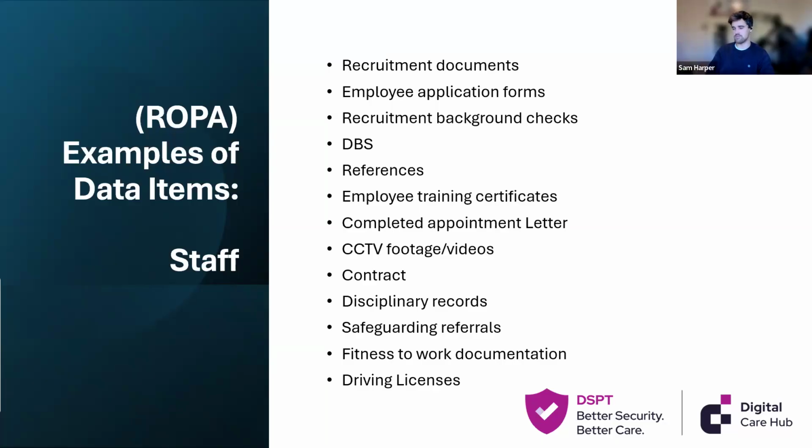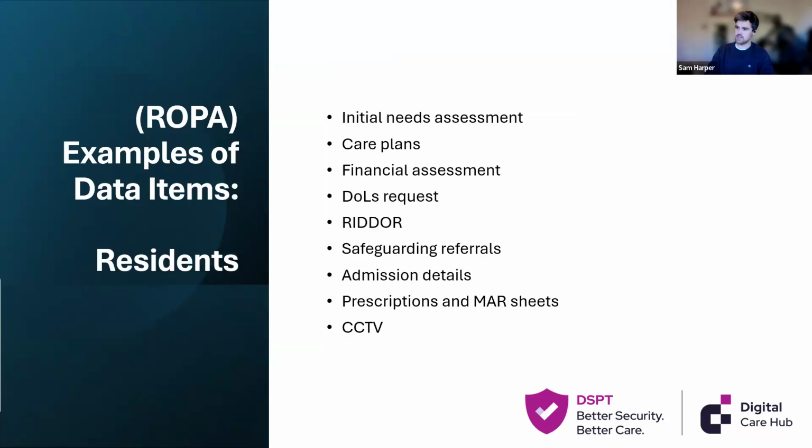Employee application forms, information that an employee fills out and then sends to us. Recruitment background checks, DBS references, employee training certificates, completed appointment letters, CCTV footage or videos, contracts, disciplinary records, safeguarding referrals, fitness for work documentation, driving licenses. All of these things may come in or out of the organization. We will be processing this data.